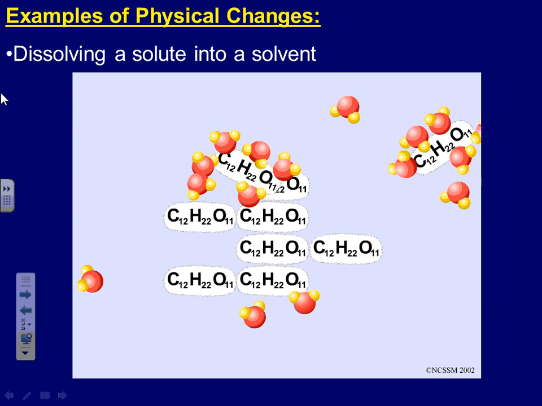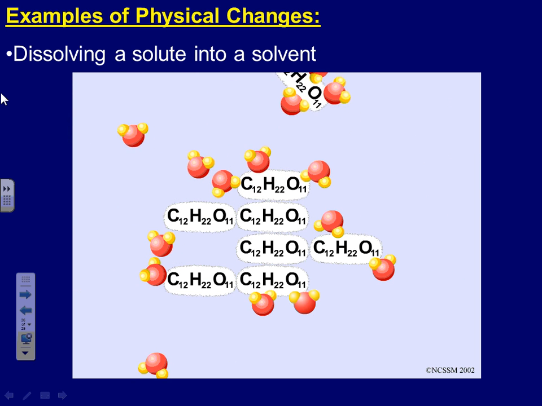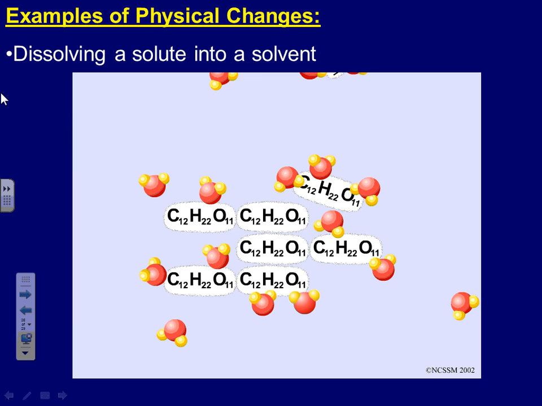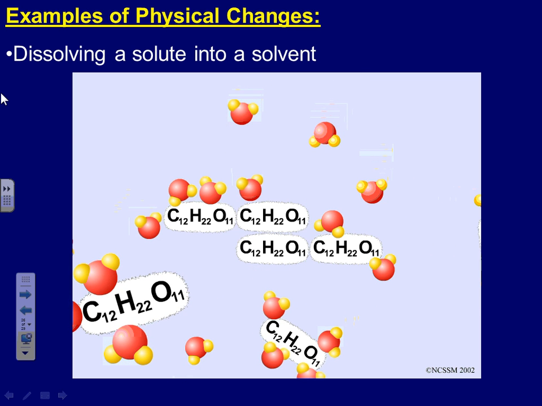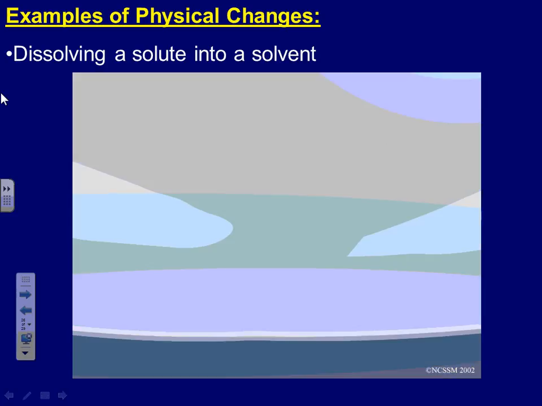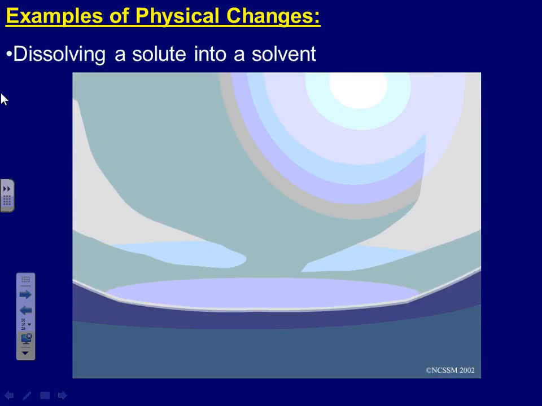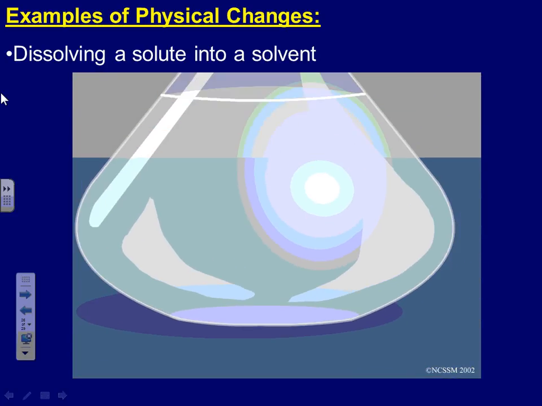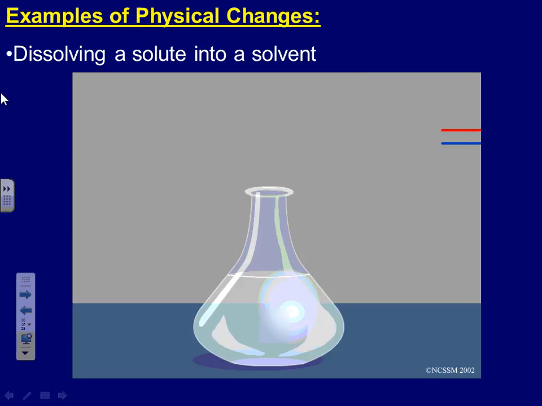The yellow dots are H's, and the red dot is an O. And you can see the water molecules are taking the sugar molecules away. That's the dissolving process. But notice how the sugar molecules aren't changing themselves. They're staying the same, which means dissolving is a physical change. Nothing new is being formed.